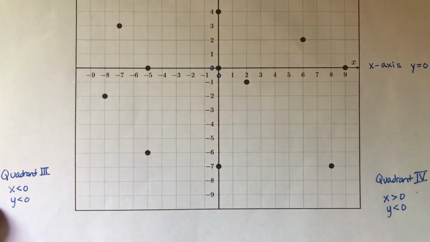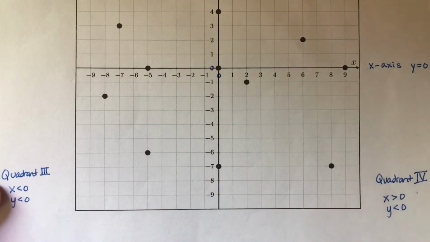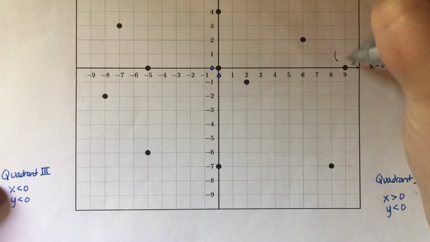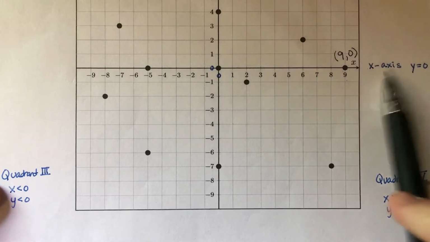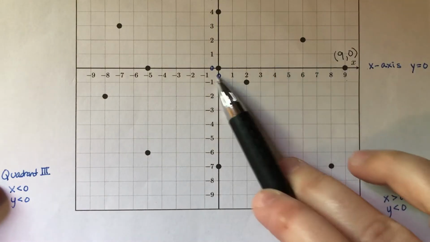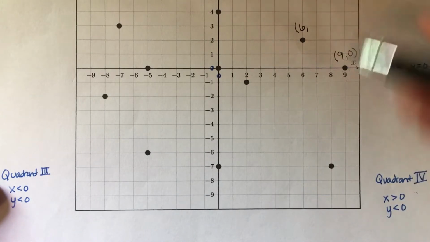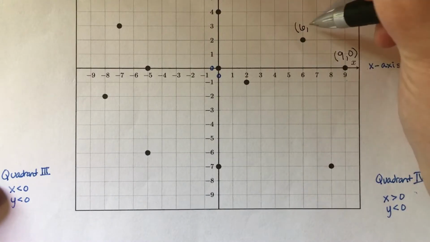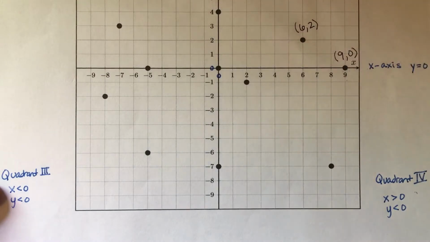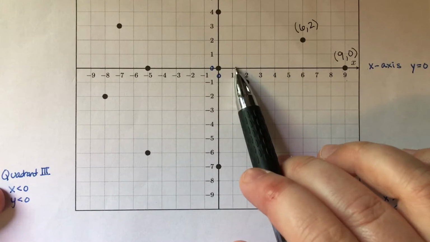It doesn't really matter where we start, so I'm going to start here. This point, the x value is 9, and the y value is 0 because it's on that x-axis. On this point, we go over 6, so the x value is 6, and then up 2, so the y value is 2. And notice I'm measuring these from the origin if we're talking about up and over.